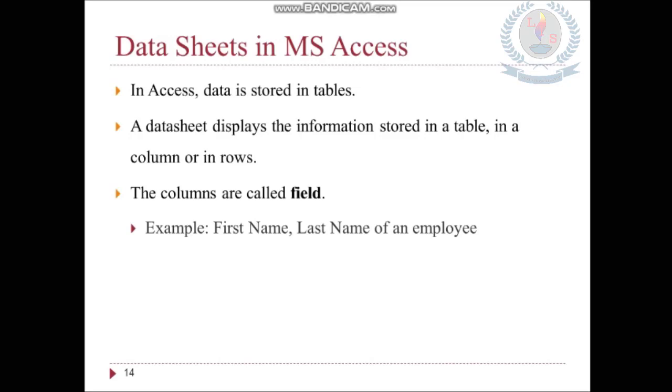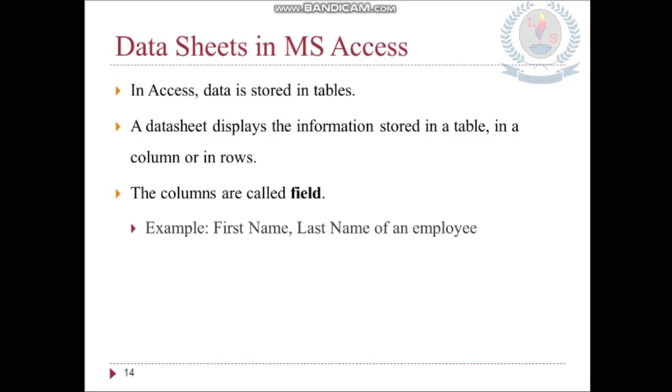Next is what a data sheet in Access is. Several data sheets you can see, because we use these data sheets to display the information we have stored in a table. The tables consist of columns and rows. These columns we call fields.